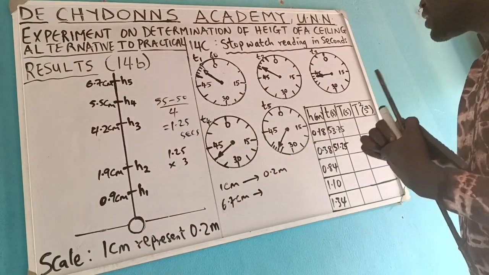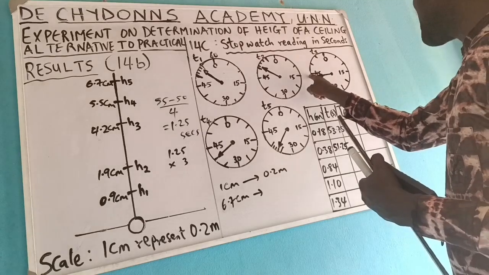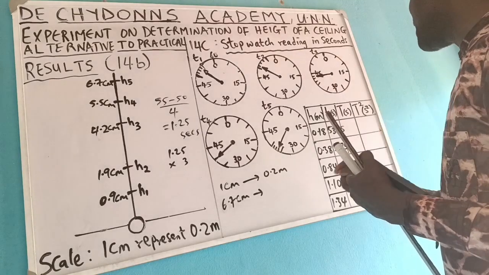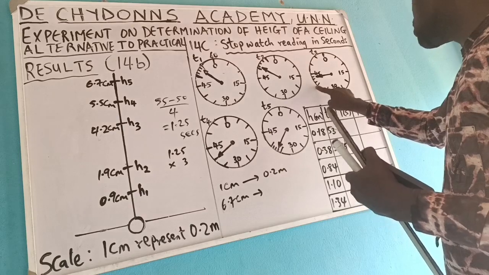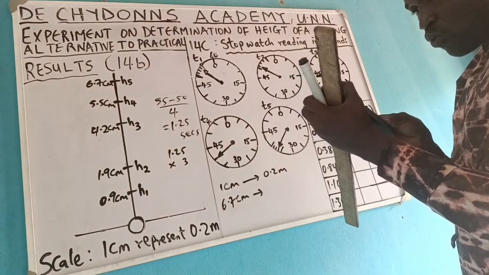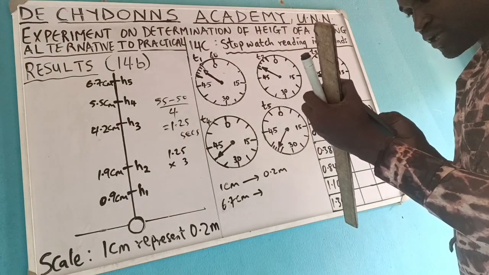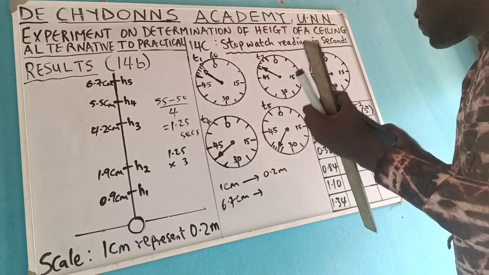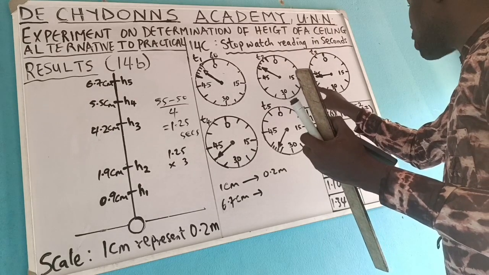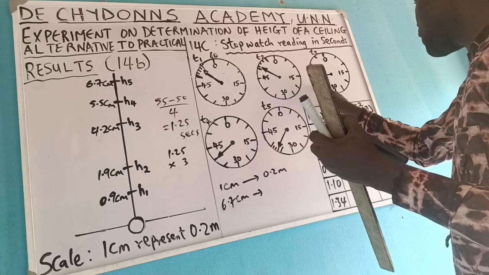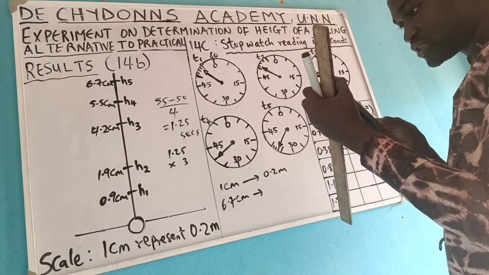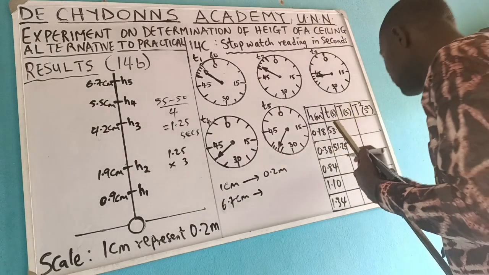Then the next one falls at the third line after 40. So 1.25 times 3 is 3.75, plus 40, that is 43.75.